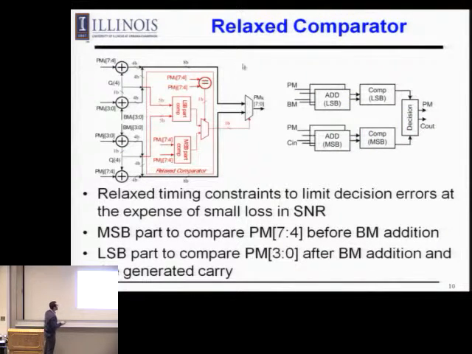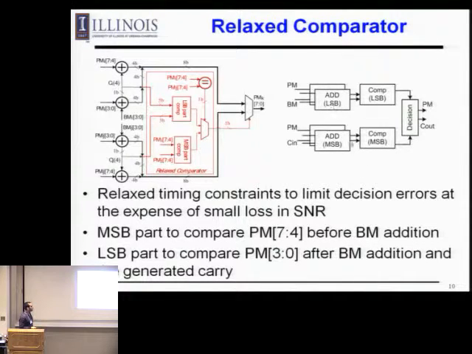So the first step we did is we relaxed the comparator design. I won't go into the details of the architecture, but we divided our comparator into two sections, one based on LSB and one based on MSB, and gave more priority to the MSB.